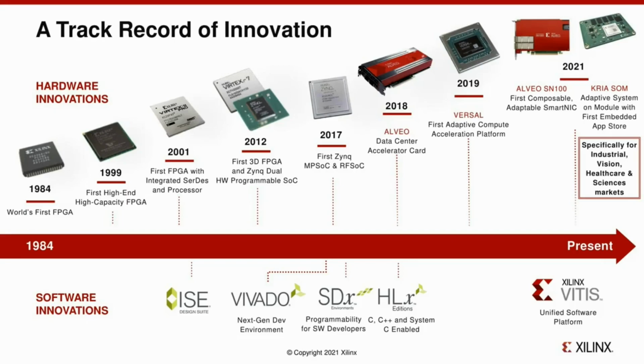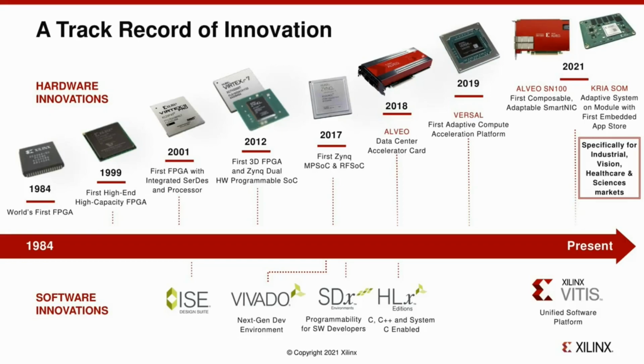Okay. So Xilinx has been in the industry for more than 37 years now. We started in 1984. You can see there the 1984 is the first chip that we introduced, which was the world's first FPGA. Xilinx is the inventor of FPGA. A little bit more than 10 years later, we started with our first high capacity Virtex device, which was at that point an architectural breakthrough. It was fundamentally still an FPGA.